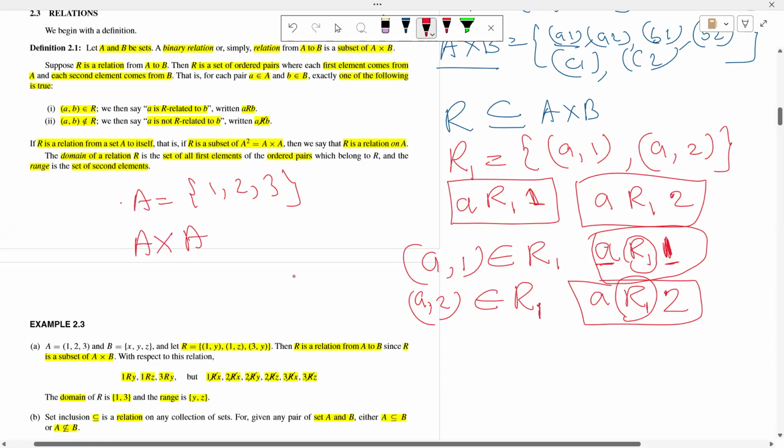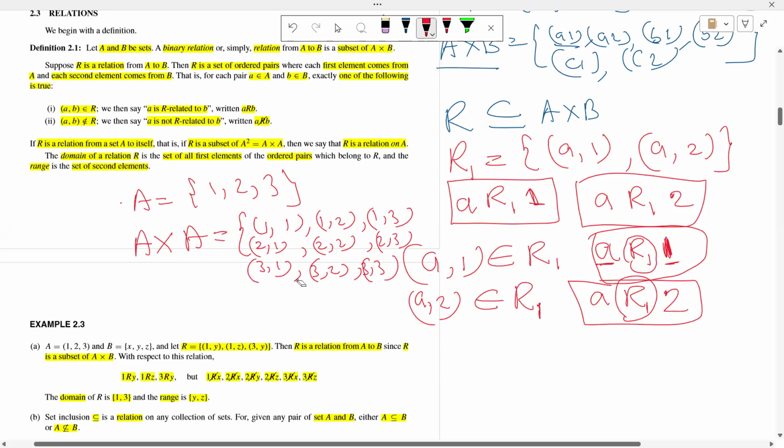If you find a relation or binary relation from a set A itself, first you need to find A cross A. Can you tell me how many ordered pairs are in A cross A? 3 into 3, 9 elements. What are they? 1 comma 1, 1 comma 2, 1 comma 3, then 2 comma 1, 2 comma 2, 2 comma 3, then 3 comma 1, 3 comma 2, 3 comma 3.